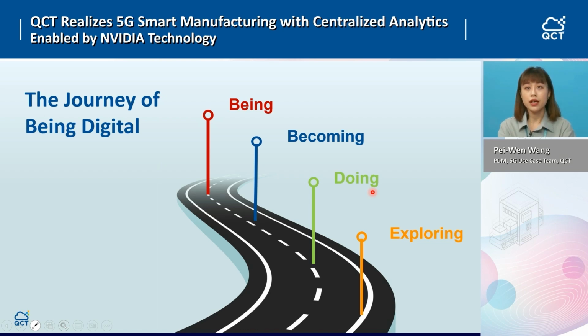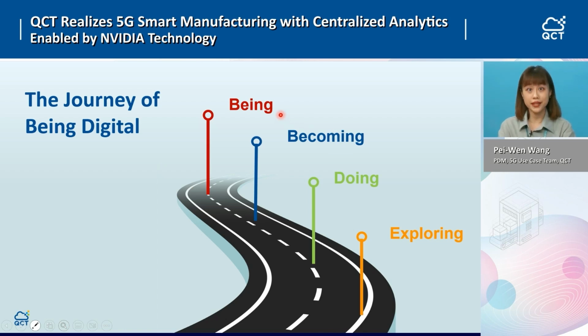In this stage, enterprises have to reduce the consumption on human resources or other resources by introducing new technology. And third is becoming, which is digital optimization. After implementing new technology for a period of time, enterprises should conduct numerical analytics and come out with insight based on the data collecting from daily work.